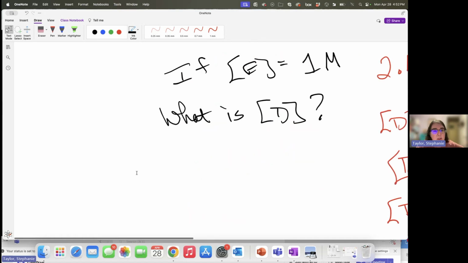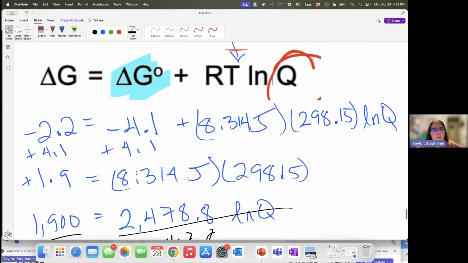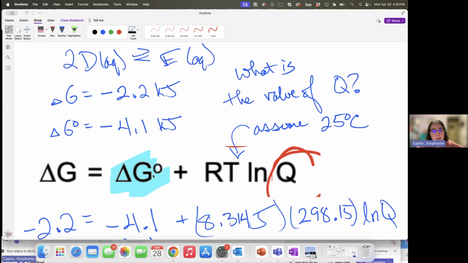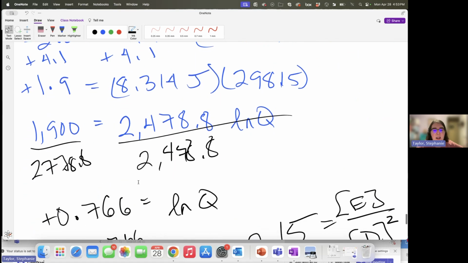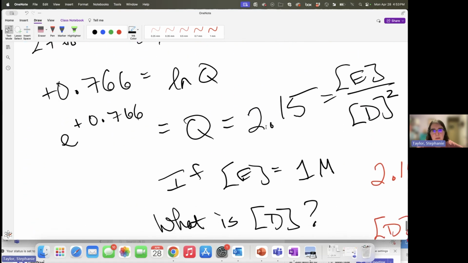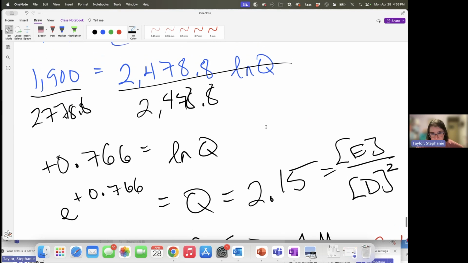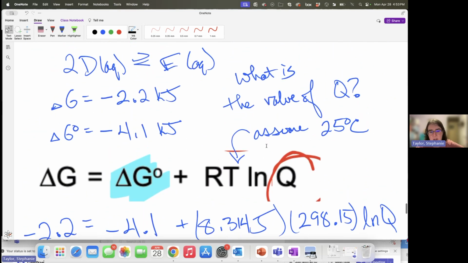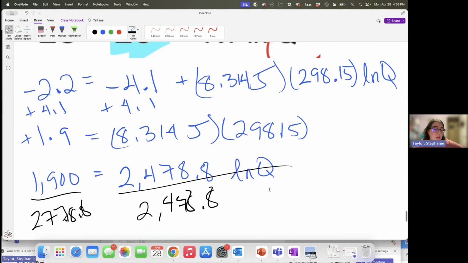Because if the only thing we actually needed to do was solve for Q, given this information, that was just the information that was here, and then that was my Q value of 2.15. So I understand very much the question of trying to deal with this equation, because sometimes this is plug and chug. Here's delta G, here's delta G standard, solve for Q, go. In which case you can do that.